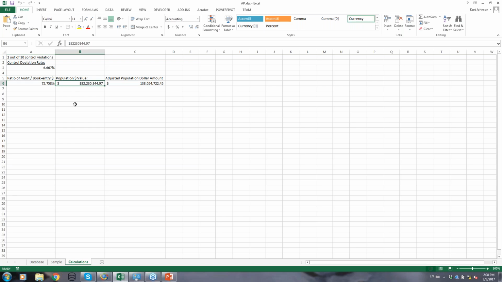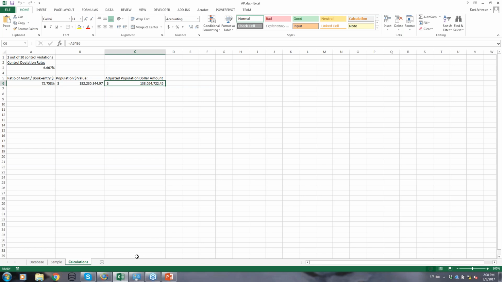Our population of 105,000 items contained about $182 million of value, so we could multiply one by the other and perhaps conclude that the population was overstated and should be adjusted to 138 million based on the findings in the sample.